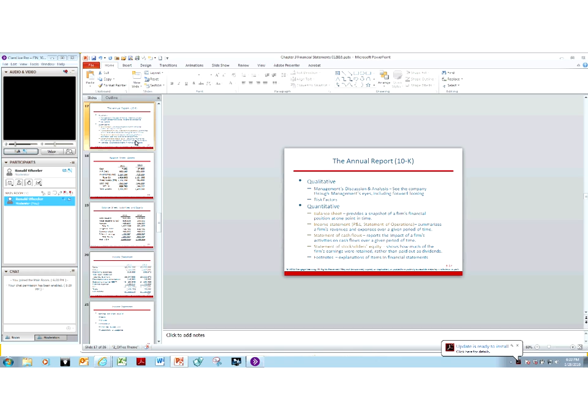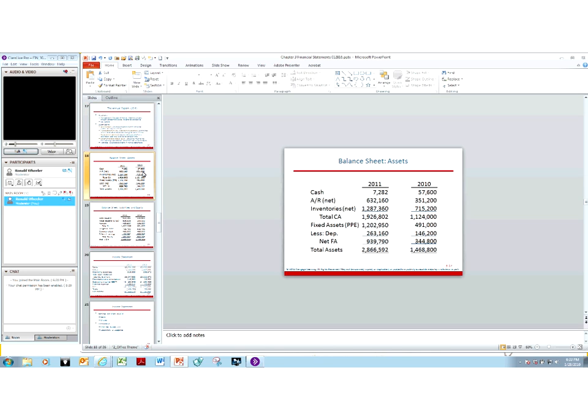The next statement is a statement of stockholders' equity, and so how much of the firm's earnings were retained or paid out as dividends. And then you get into the footnotes that describe all aspects of the accounting used by the company and get into detailed explanation of things that happened over the course of the year.